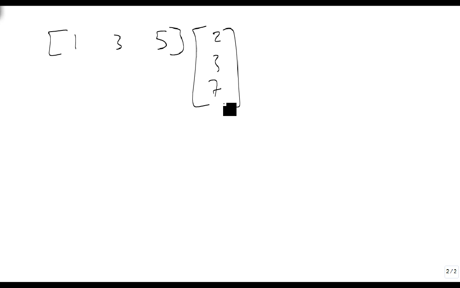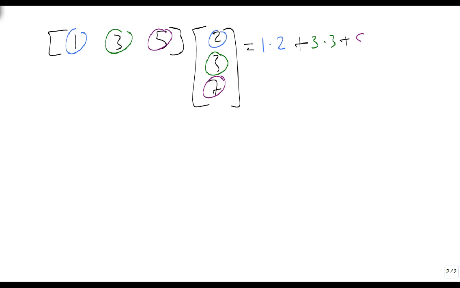So let's look at a simple example. Suppose I have the row 1, 3, 5, and I'm going to multiply that by the column matrix 2, 3, 7. Well, this comes from the first ones, 1 times 2, plus 3 times 3, plus 5 times 7.